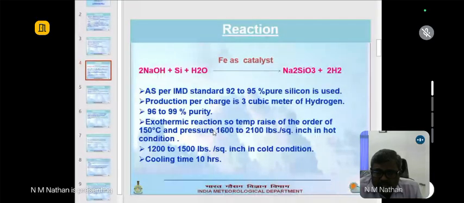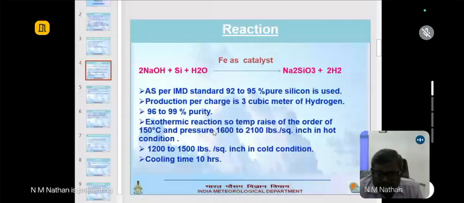And hydrogen is also a very dangerous and explosive gas, so you have to take care of all these things. In the cold condition, the pressure level is 1200 to 1500 pounds per square inch. The minimum cooling time is about 12 hours, but in general we keep the cylinder for 24 hours.